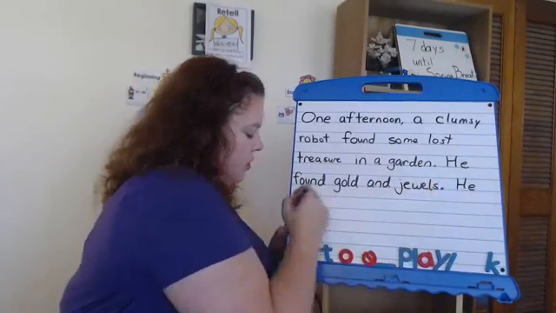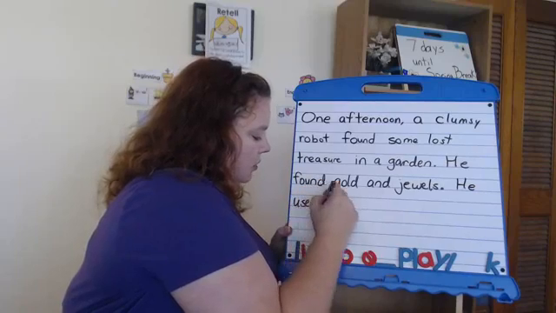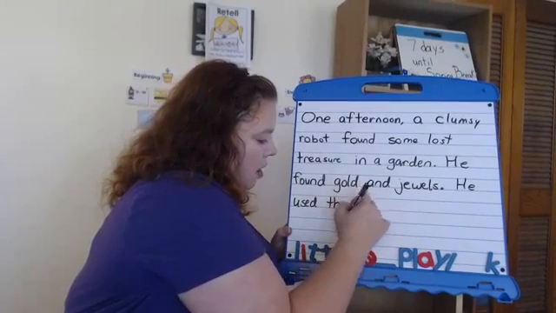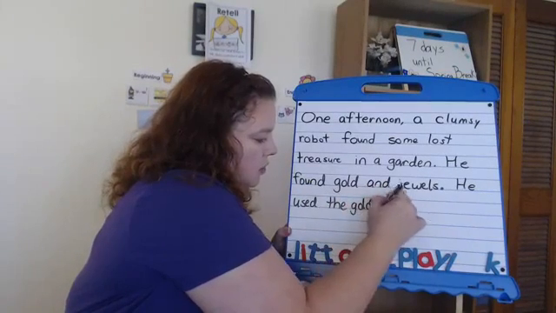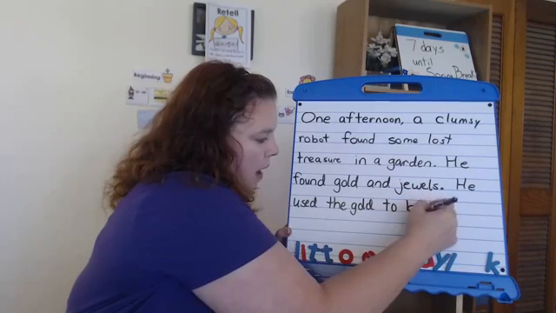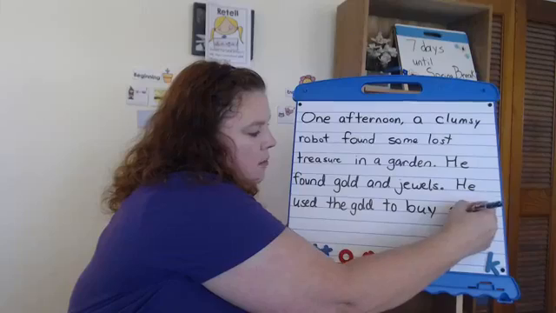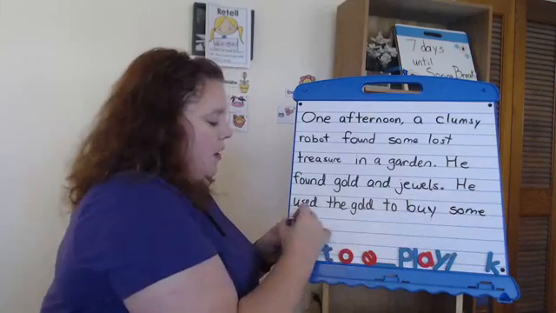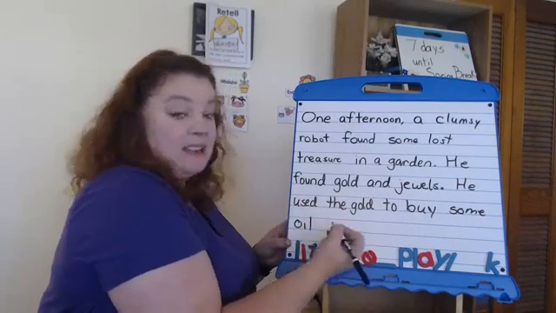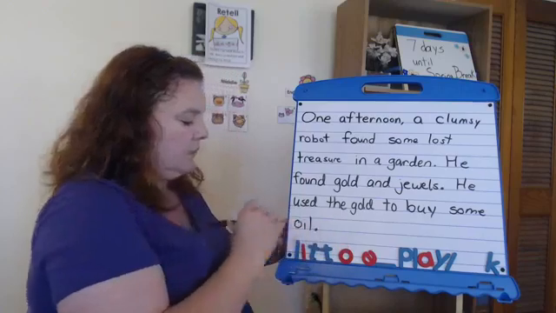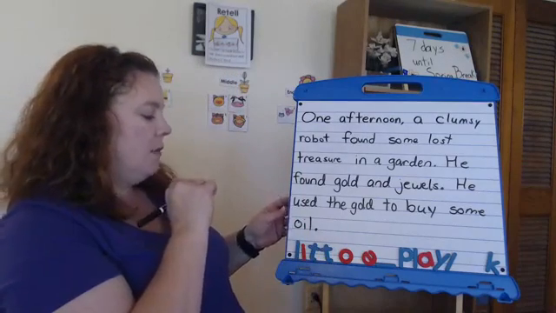He used the gold to buy some oil. Because I'm thinking a robot might need some oil. He used the gold to buy some oil.